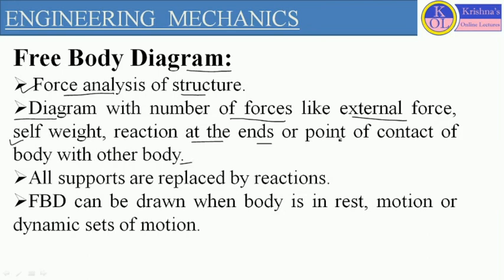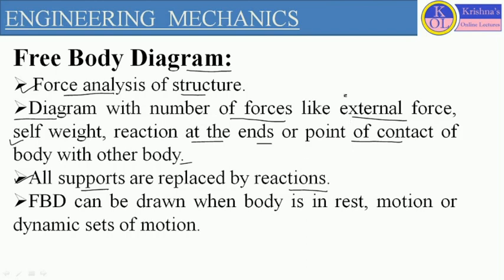If any body is in contact with another body, the point of contact generally represents the reaction. The support can be a wall, a floor, a hinge or a roller support. For any kind of support, we replace the supports with the help of reactions. The reaction is also considered as a force applicable on the body.